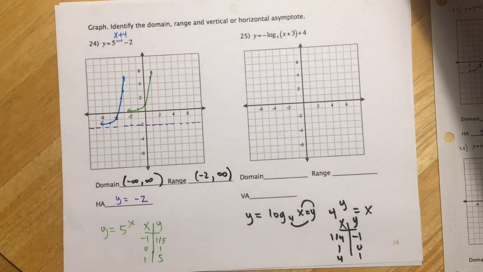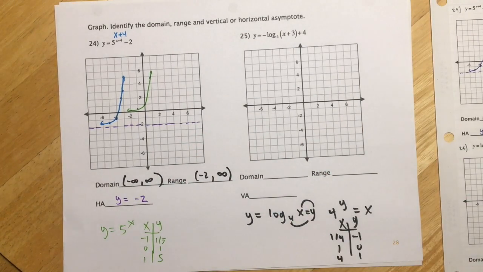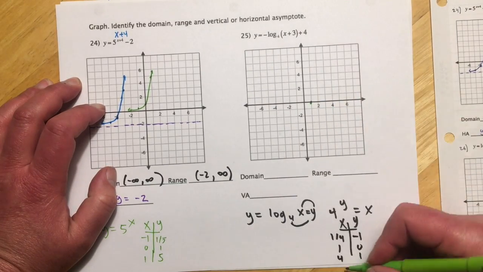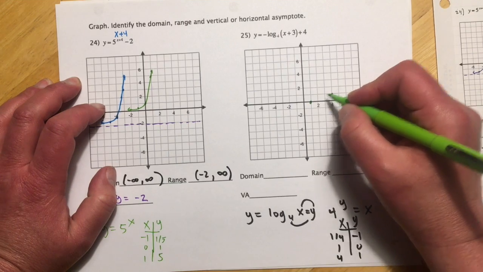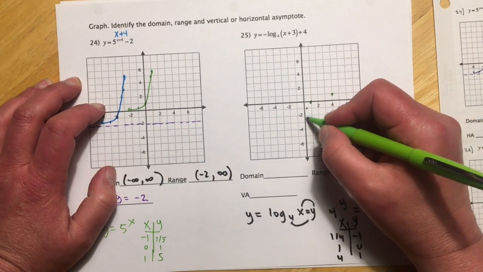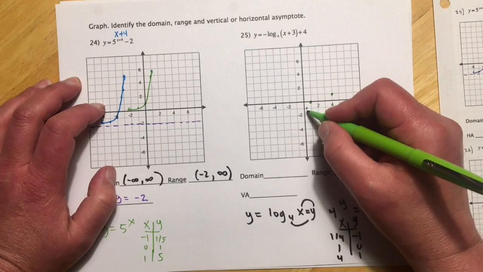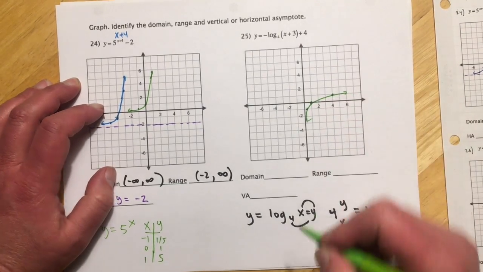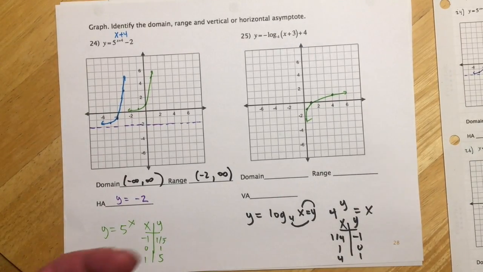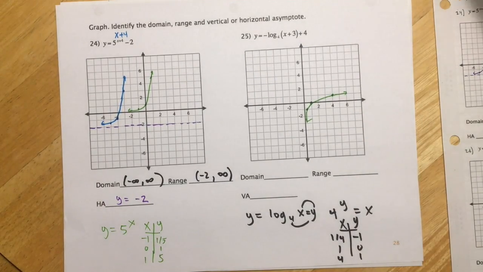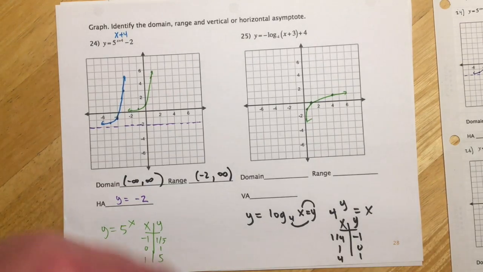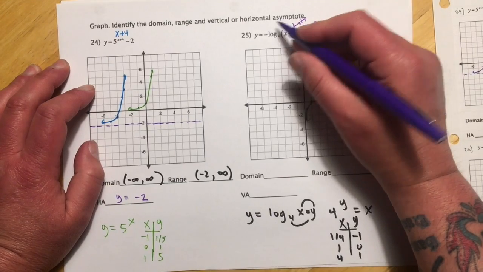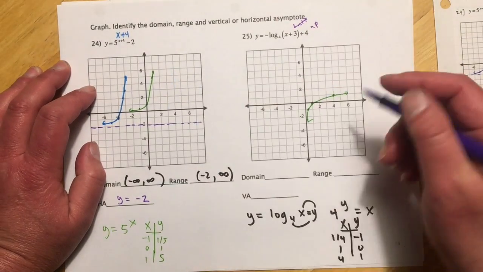And so then when you draw that in as a parent function, just kind of a reference. So again, I don't usually start with a hard point, so I'll go the 1, 0, and then 4, 1, and then right there. So 1/4 and then -1. So there's my parent function. And then this one is going to be up 4, it's going to be left 3, and then this is going to reflect it down.